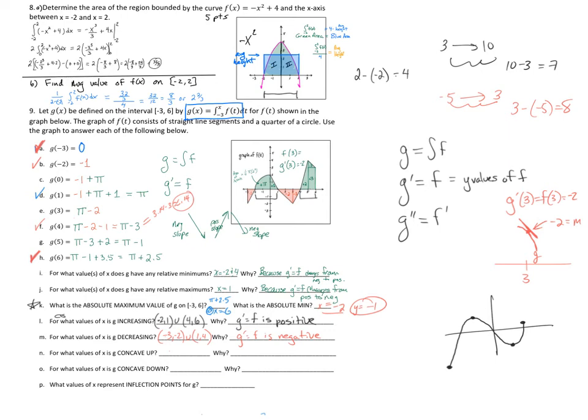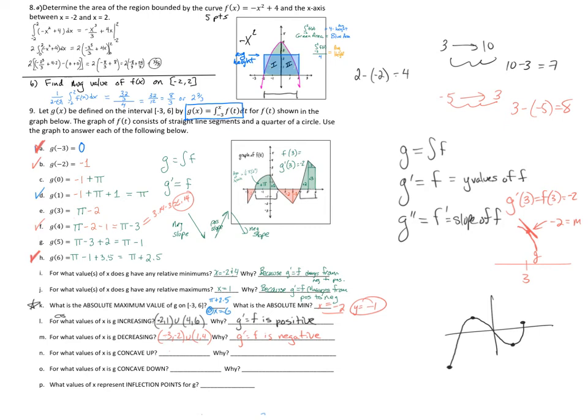Now we can move on to this question about concavity to fill in this stuff down here. So for concavity, for g to be concave up, we're thinking the second derivative of g to be positive. Okay, that's when we think concave up. Now, the second derivative of g is given by the derivative of f, which I'm just going to write in here, is the slope of f.